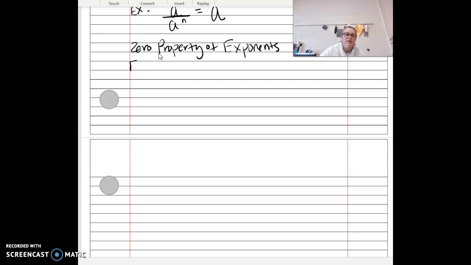So I'm going to have you get out your calculator, and check 2 to the 0 power. 2 to the 0 power in your calculator says 1. We're going to check 100 to the 0 power. That is 1. 199 to the 0 power?